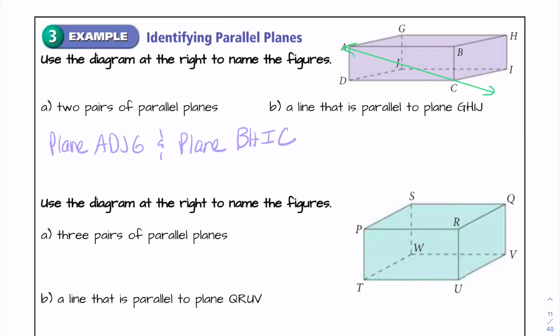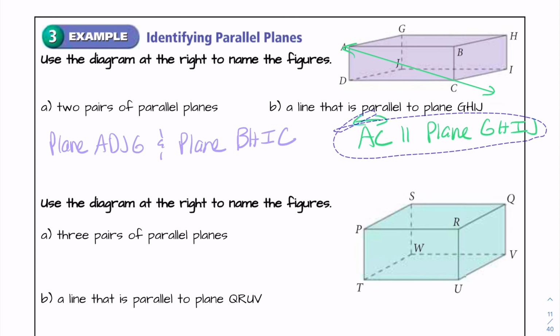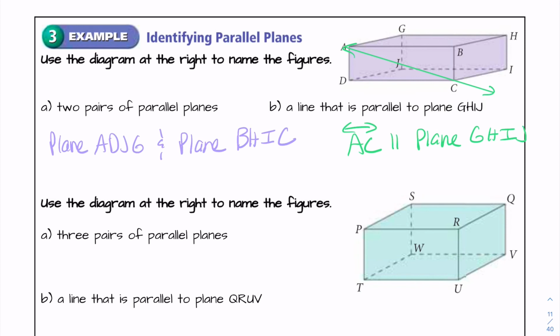So we're going to say line AC is parallel to GHIJ. It could have been any combination of those letters. So A, B, C, and D, you could have used any one of those combinations for that line.